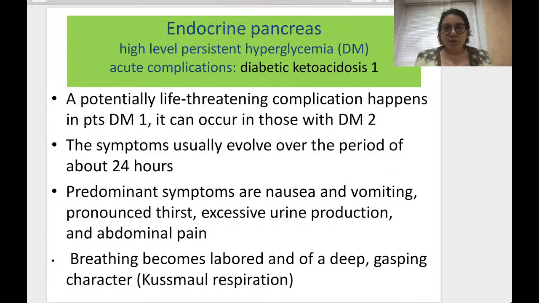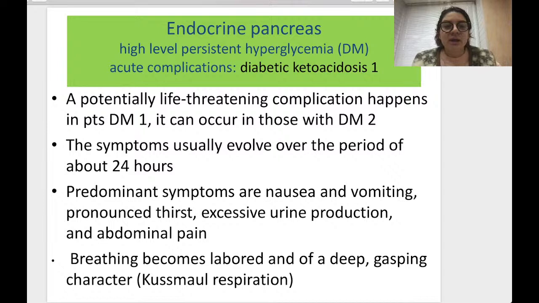All complications we can divide into acute and chronic. Acute complications are severe hyperglycemic states and diabetic comas. And first, most usual for type 1 diabetes, is diabetic ketoacidosis.